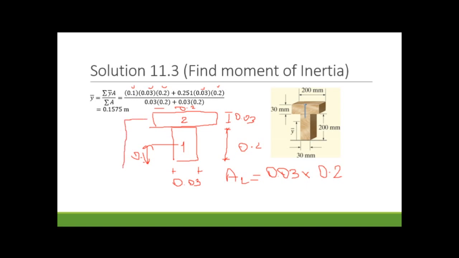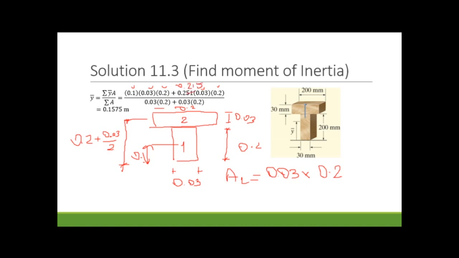Also if I take a line from the bottom to the centroid of this, 0.2 times 0.03 divided by 2, therefore I obtain 0.215.